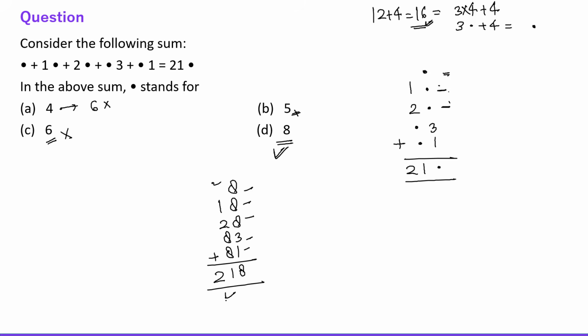So 21 is written over here, so this is 218. Clear? The question was simple, but you have to check the options patiently, because this is all calculative. Alright, now let's move to the other question.